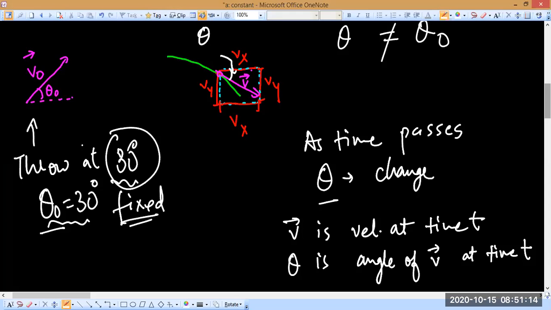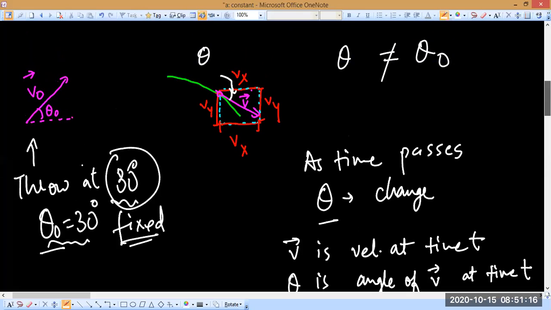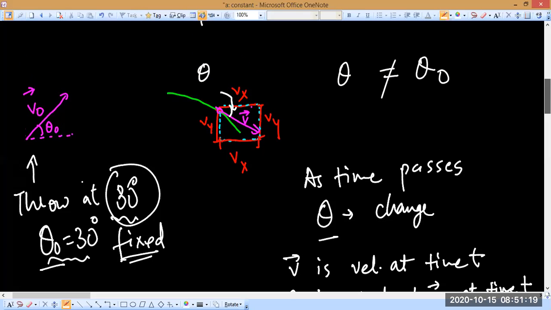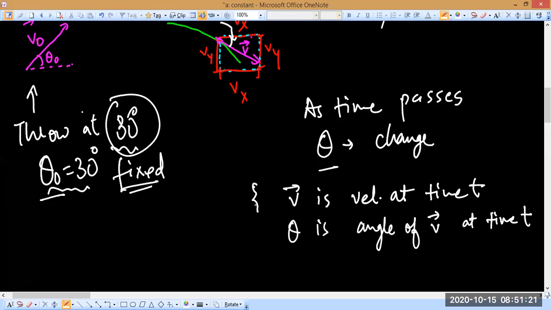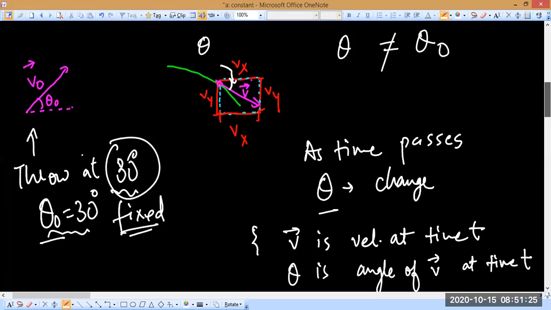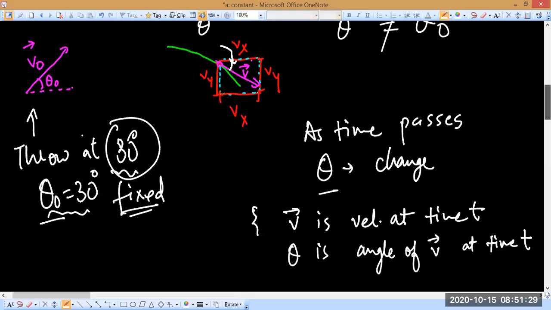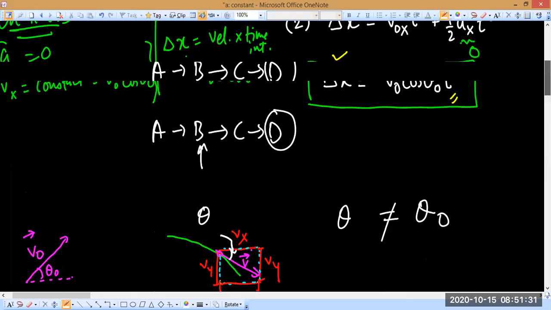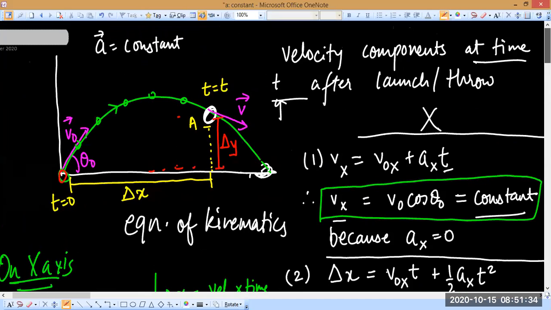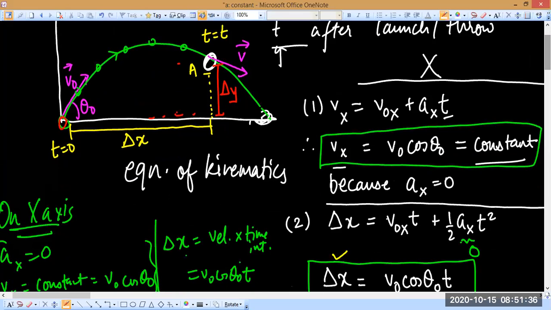Okay, so this is what we have been talking about, right? So as time will pass, the velocity will continuously change in magnitude and in direction also. Let me tell you, velocity will continuously change in magnitude and in direction, right? Okay, so speed will change, direction will change, lots of things are changing, right?